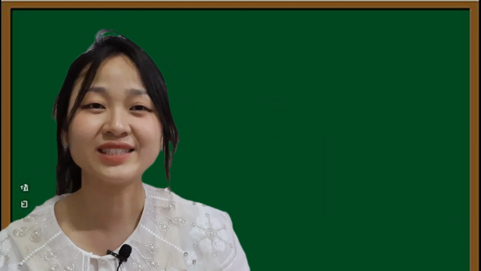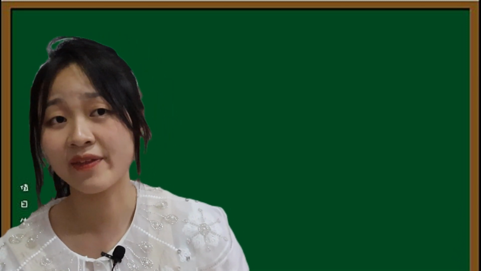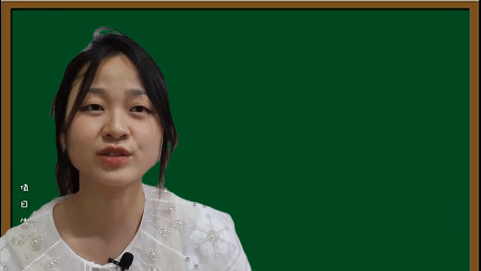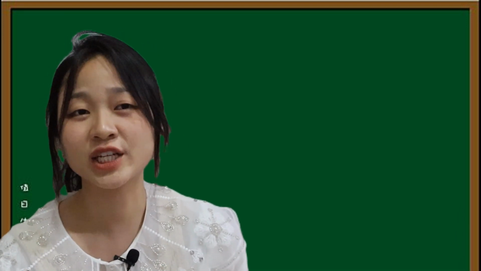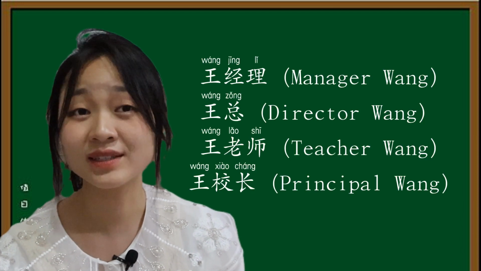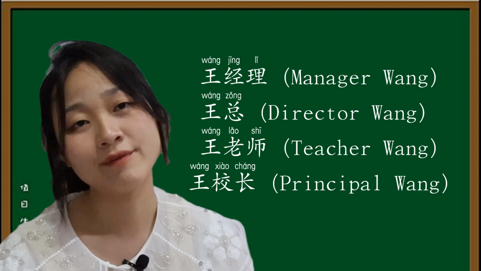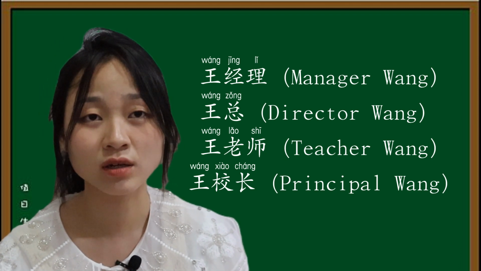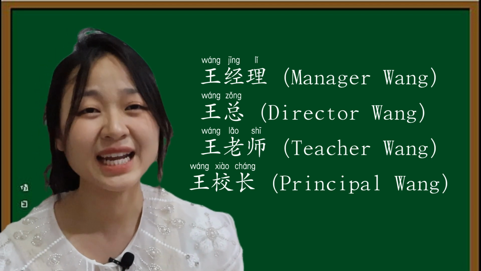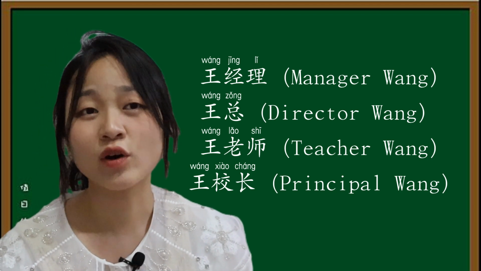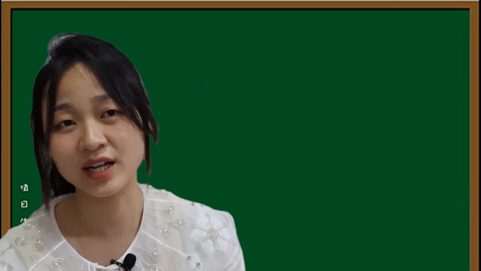It is important to note that in Chinese, people are often addressed by their occupational titles more frequently than in English. It is very normal to address someone as 王经理, 王总, 王老师 or 王校长.